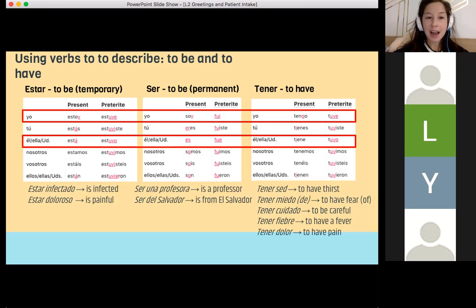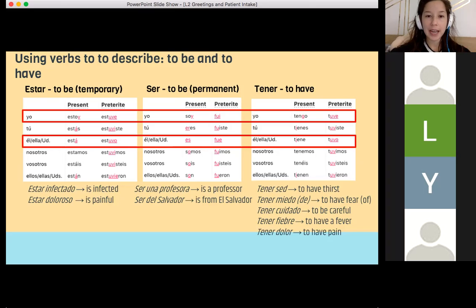And as you can see from these tables, there's a lot of conjugations of this that we've included. I would mostly pay attention to the yo and él, ella, usted versions of it, because these are very commonly used words, but they are irregular, so they're a little bit harder to memorize. So if you need to narrow it down for yourself, remember estar would be estoy and está in present tense.